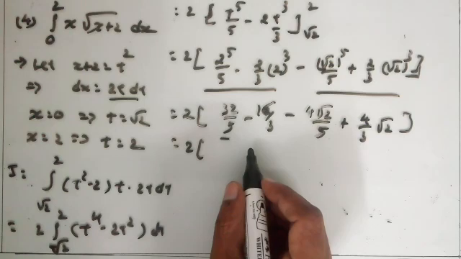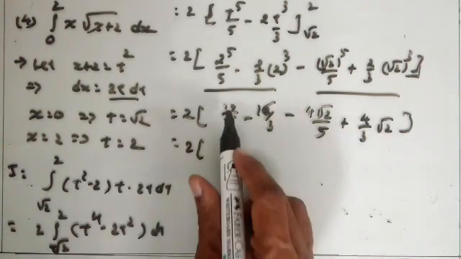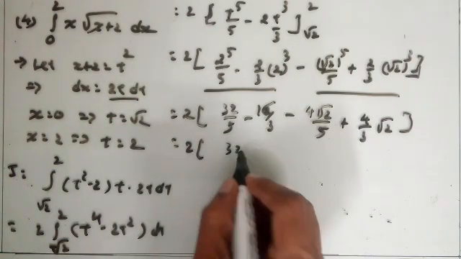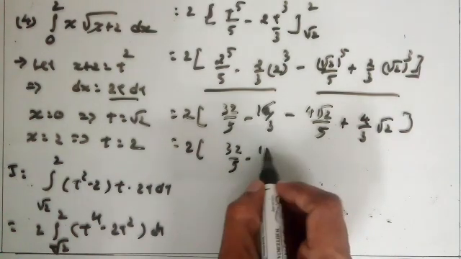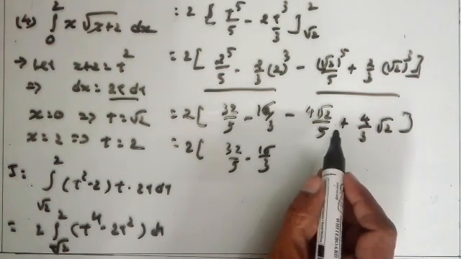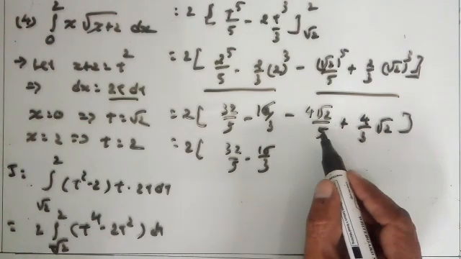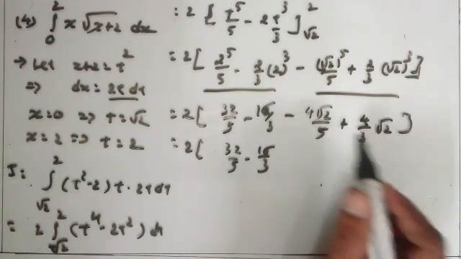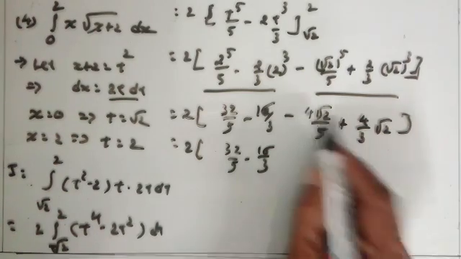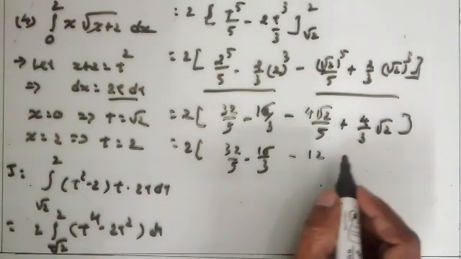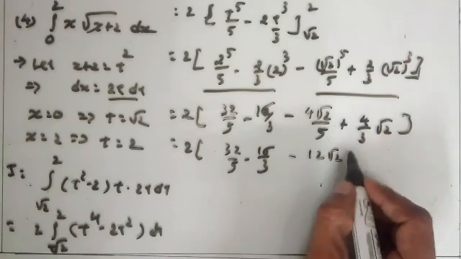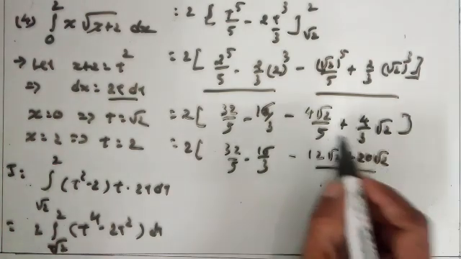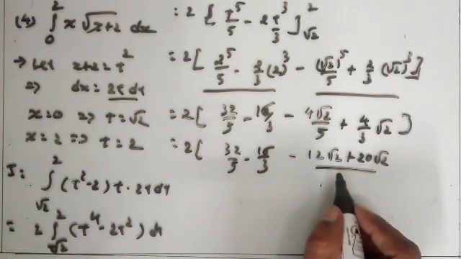Simplification is 32 upon 5. Write this: 32 upon 5 minus 16 upon 3 and here 5 into 3 take LCM, so becomes 4 3 12 minus 12 root 2 plus 5 4 20 root 2 upon 5 into 3 15.